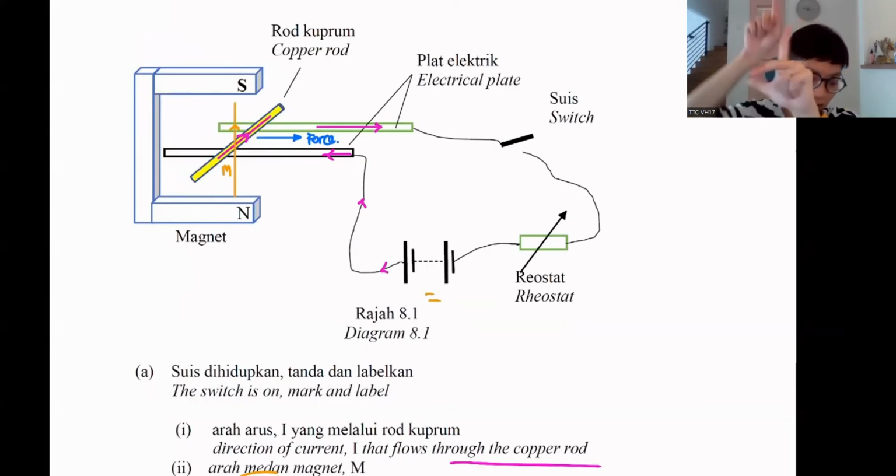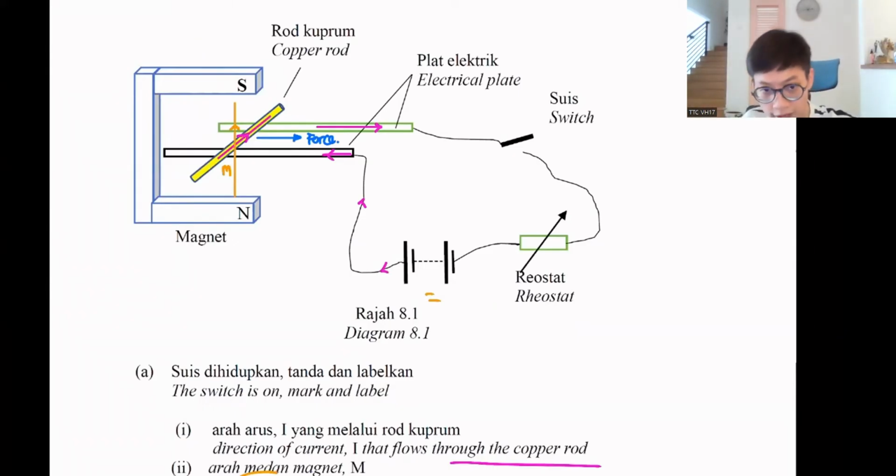The middle finger must point to your screen. So your magnetic field points up, your middle finger points to the screen. Okay, no problem. Then next.